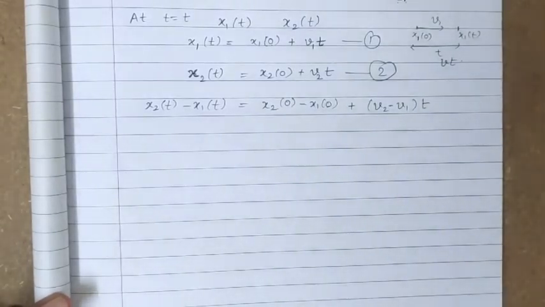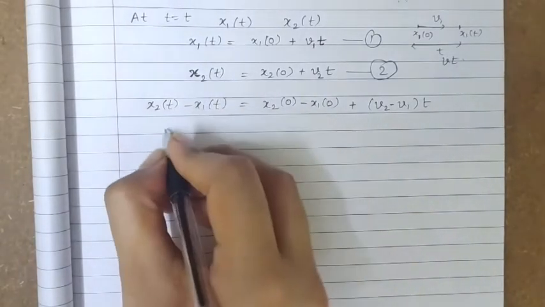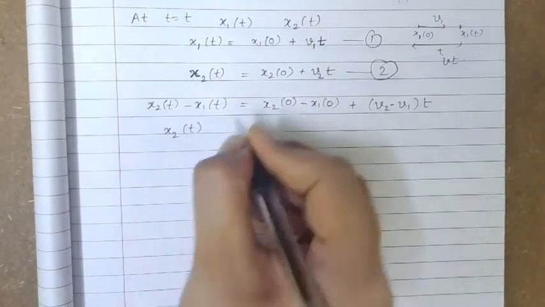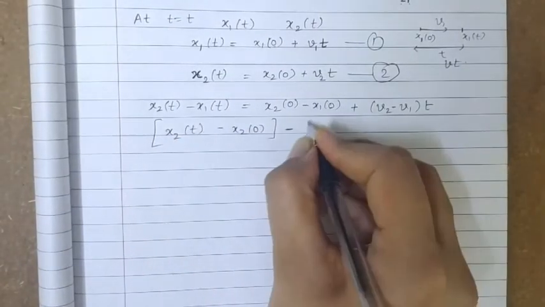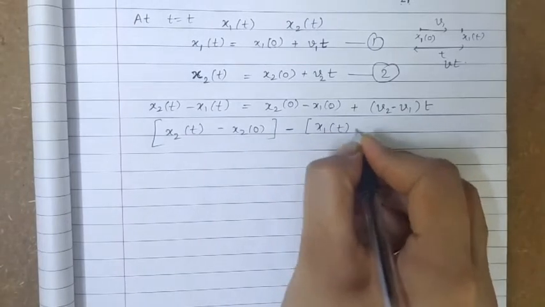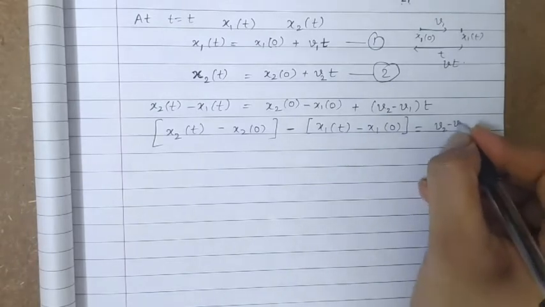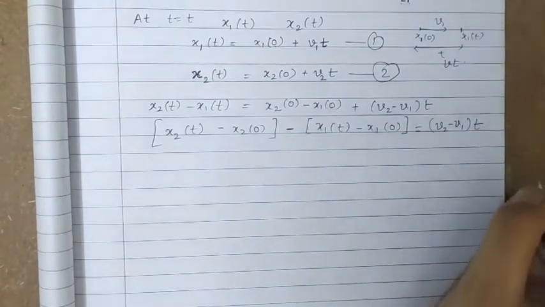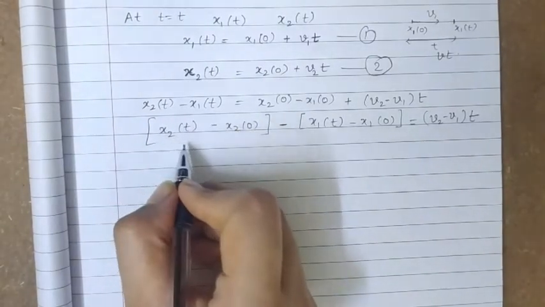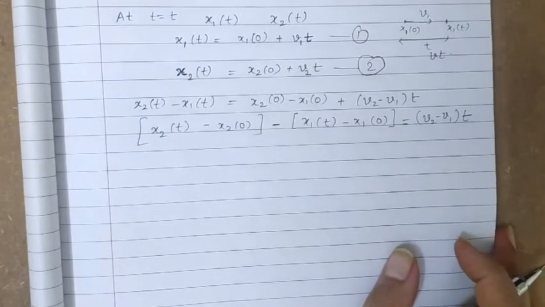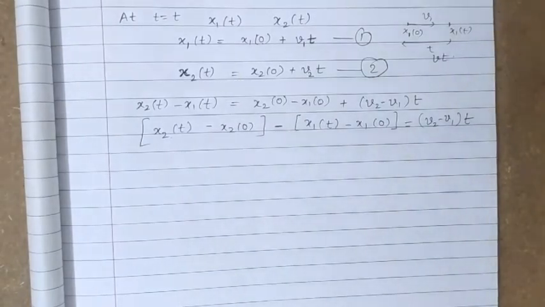So we subtract equation 1 from 2 and rearranging this we get x2 at t minus x2 at 0, minus x1 at t minus x1 at 0, will be equal to v2 minus v1 into t. That means x2 t minus x2 0 is actually the displacement of object 2 in time t. Similarly, this is the displacement of object 1 in time t.